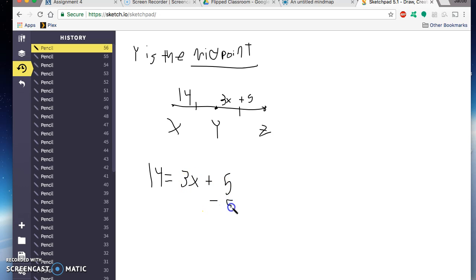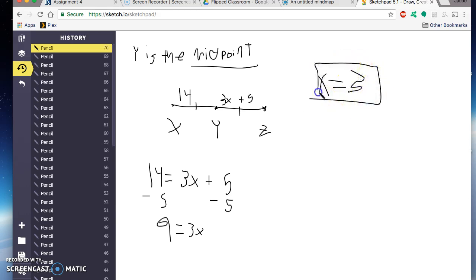So just like a normal problem, I would subtract 5 from both sides. I know it's going to be 9 equals 3x. And then divide by 3, and I know my x is going to be 3. So now, just like we did before, plug it in for the x.